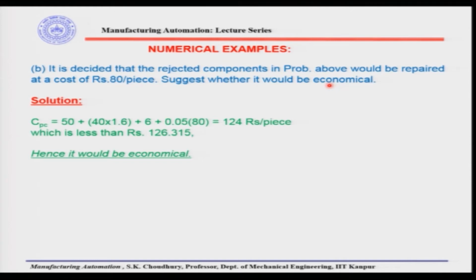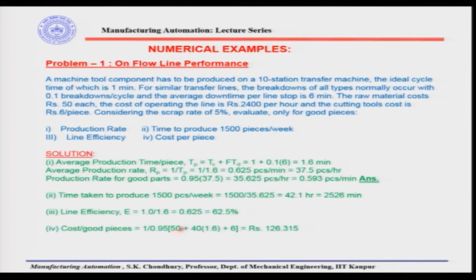Now, let us see, if we have to repair at a cost of 80 per piece, how this problem will change. Now, this factor is gone, because this is the actual cost, which includes the raw material, the line cost, the rejection cost, in the sense of the breakdown, and the tooling cost.